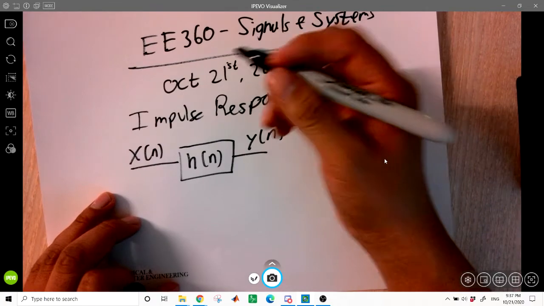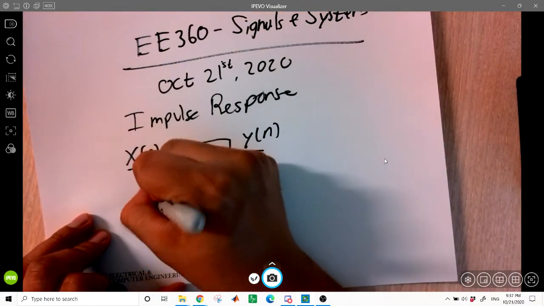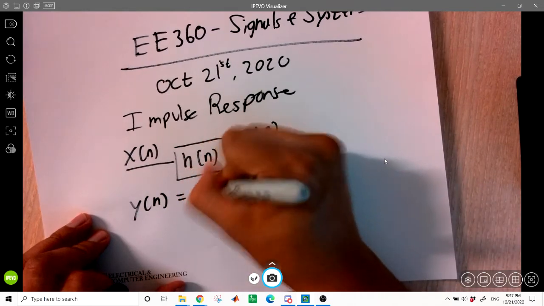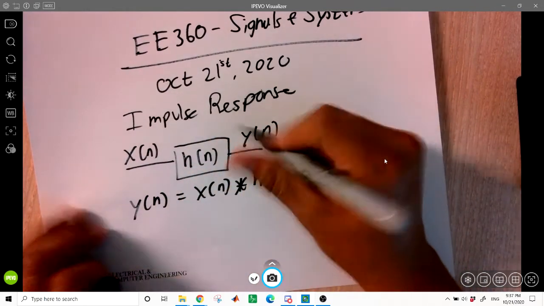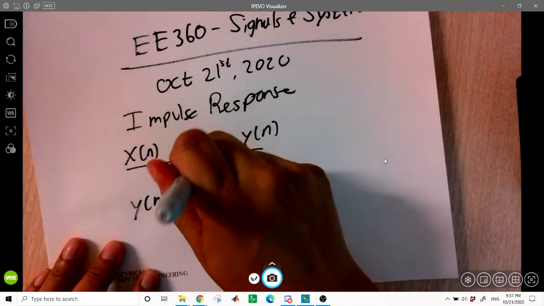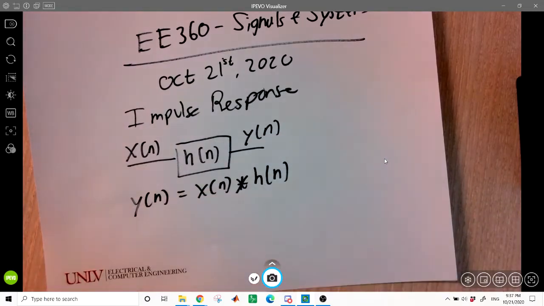From what you've learned in Dr. Sears' lectures, y of n is equal to x of n convolved with h of n, and h of n is our system response. It's our system, something that we can build with op amps and delays and samplers or whatever you want to call.